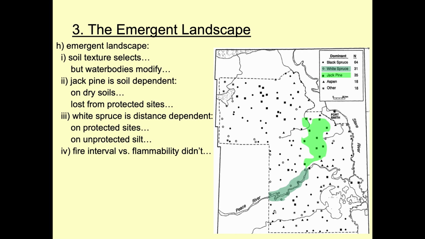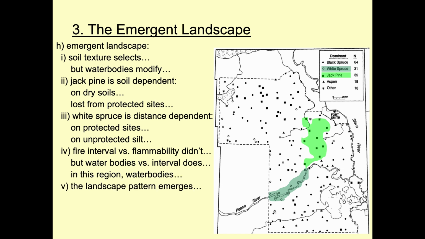So remember that the relations between average fire interval and vegetation flammability did not make sense because the most flammable vegetation had the longest interval between fires. However, the relations between average fire interval and distance to a body of water does explain the differences in fire interval.